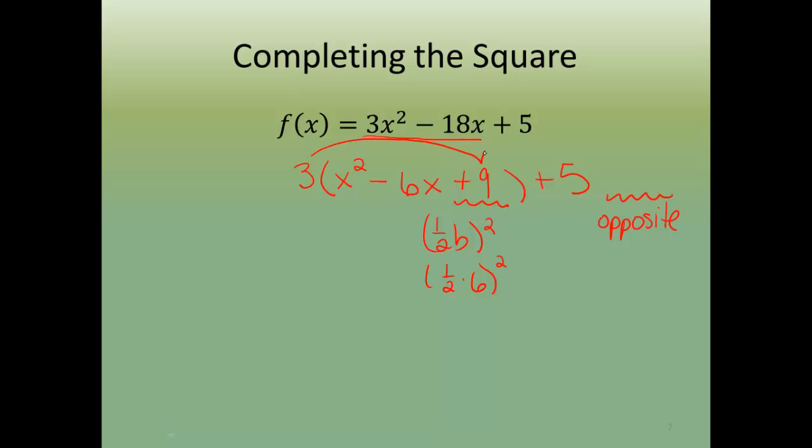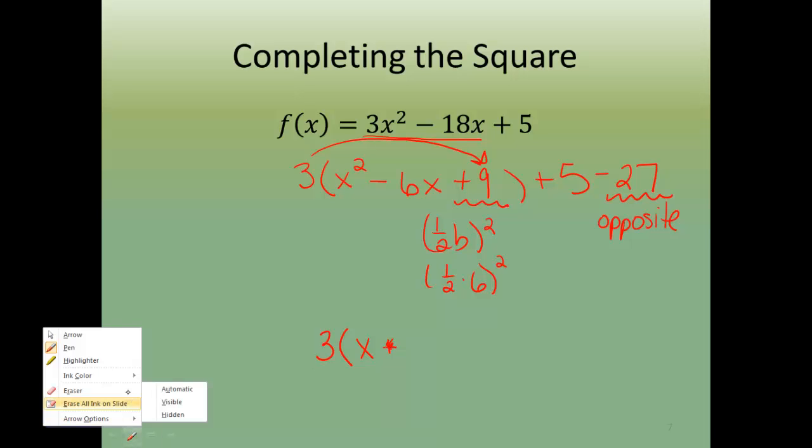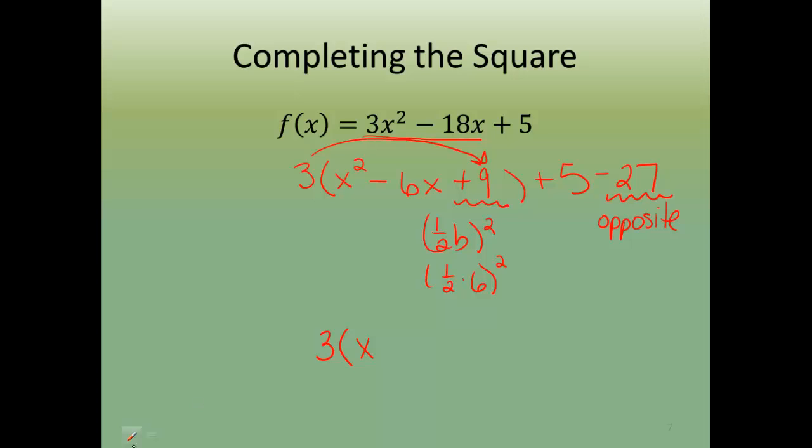I had 3 sets I was dealing with. I didn't really add 9, I really added 27. To balance it out, I subtract the 27. And so completing the square, I have 3 sets of x minus 3 squared, and then 5 minus 27 is negative 22. I can still pull out the vertex to be at 3, negative 22.